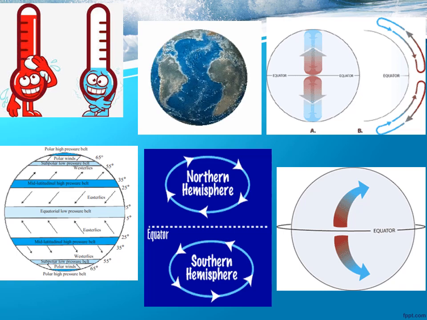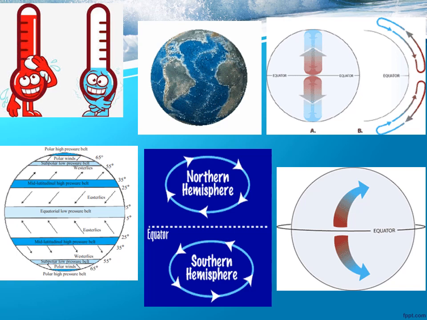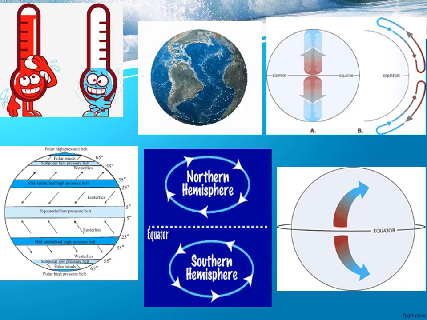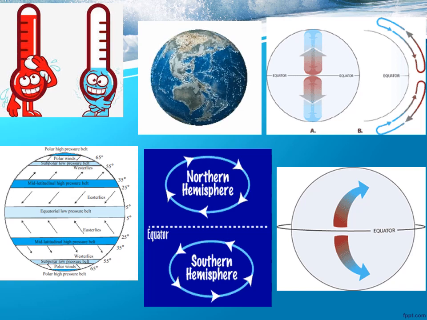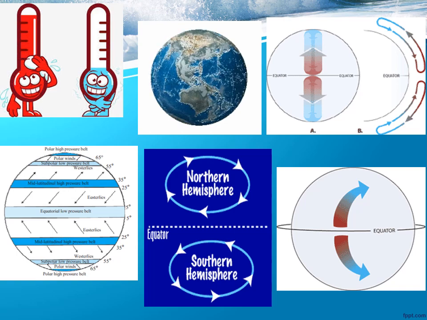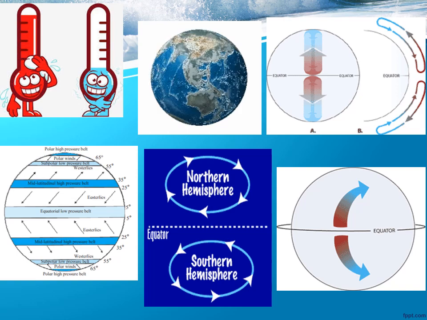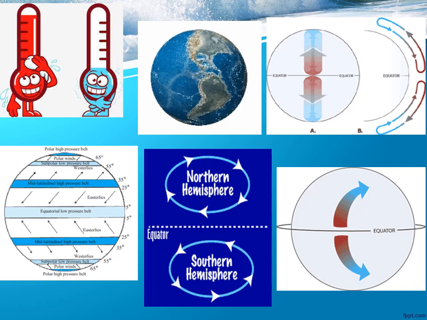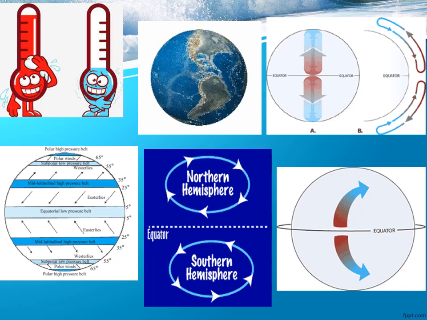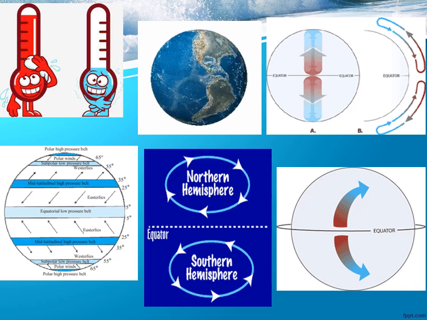But because the earth rotates, circulating air is deflected. Instead of circulating in a straight pattern, the air deflects toward the right in the northern hemisphere and towards the left in the southern hemisphere, resulting in curved paths.